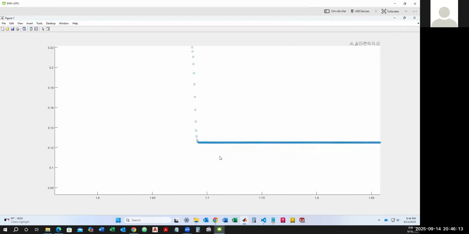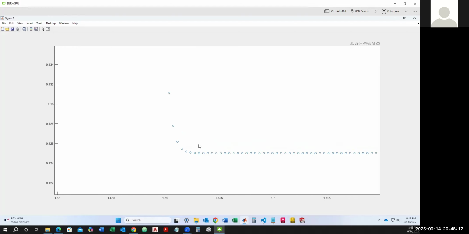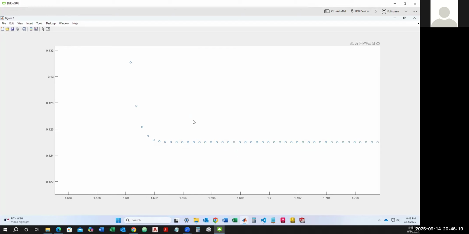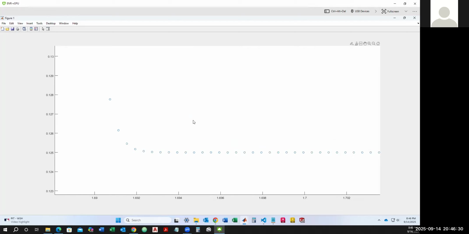Let's see if there's any small oscillations in this code. Because we're inputting analytical solutions, the output is of analytical quality. There are no oscillations here.